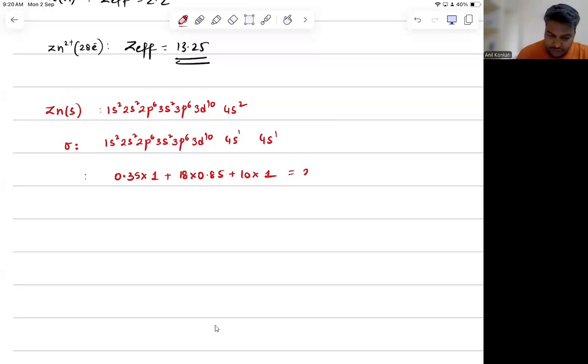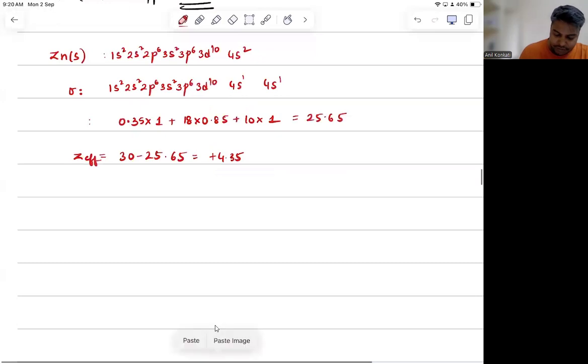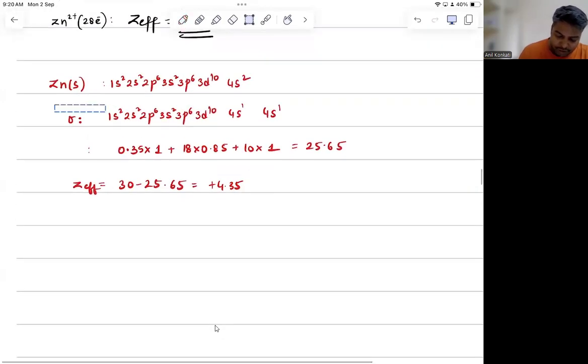So that is coming out to be 25.65. So Z effective is equal to 30 minus 25.65, which is coming out to be 4.35 units.